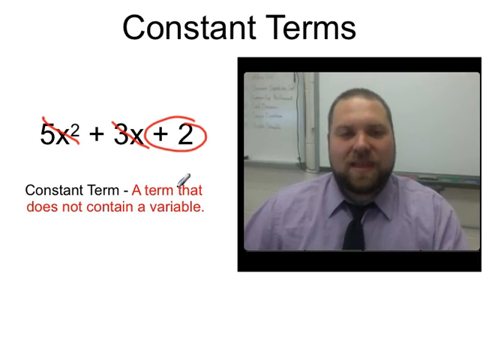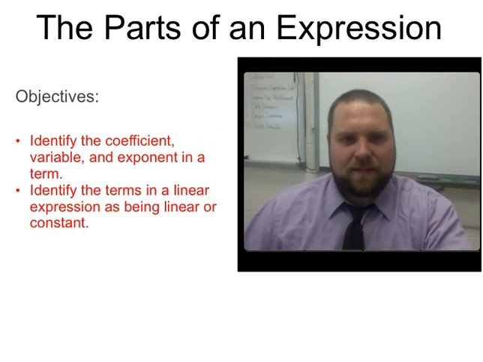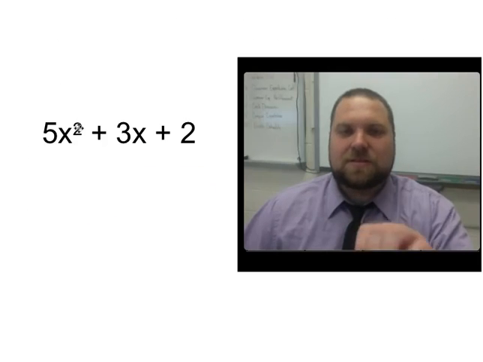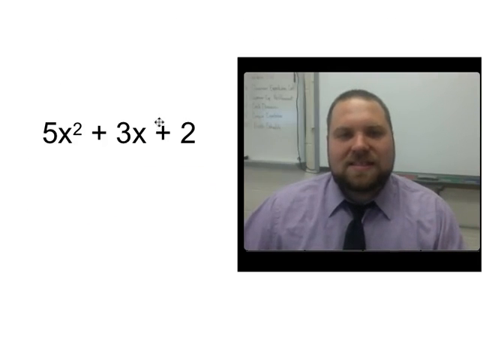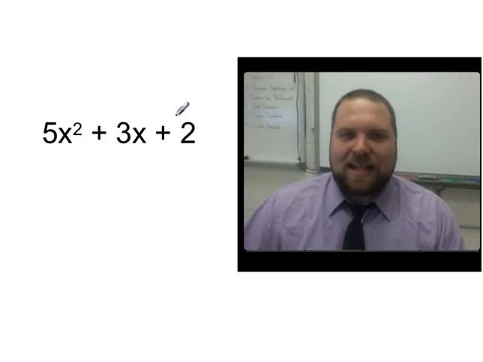And now if we think about going back to our original dilemma, where I asked you to describe the 2, we can see now how much easier it would be to point out which 2 I'm talking about. Knowing this vocabulary, I can say, what does the constant term of 2 mean? And now you know that I mean that 2 right there.